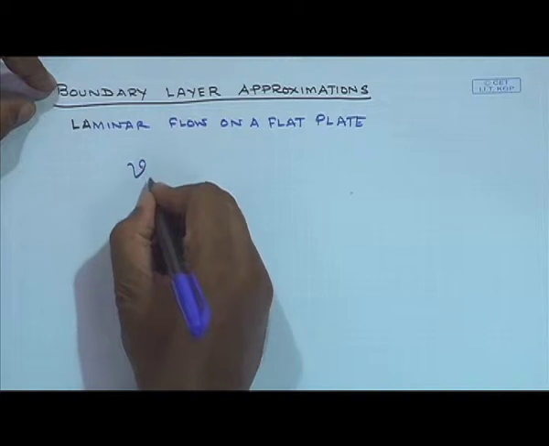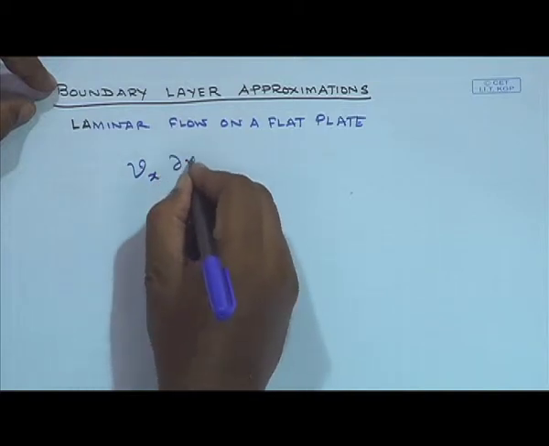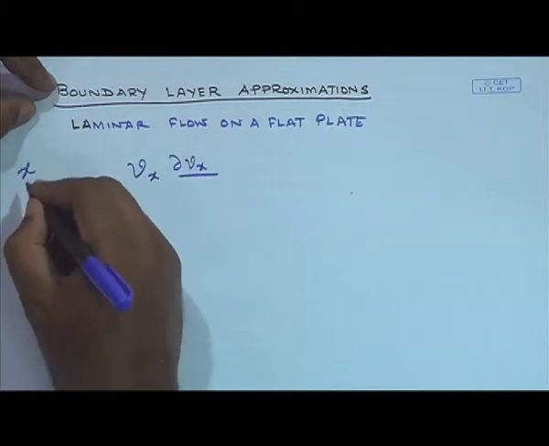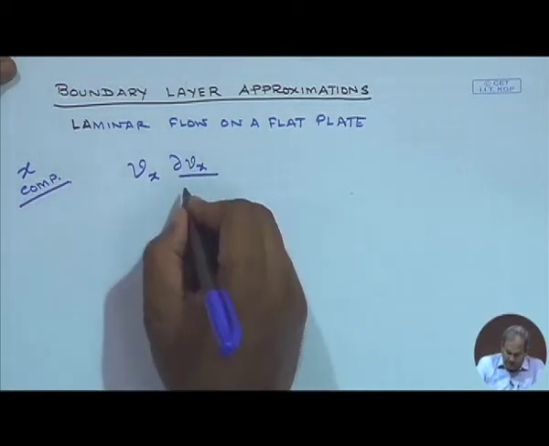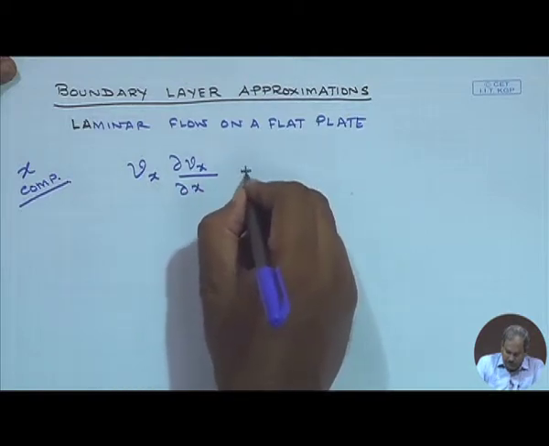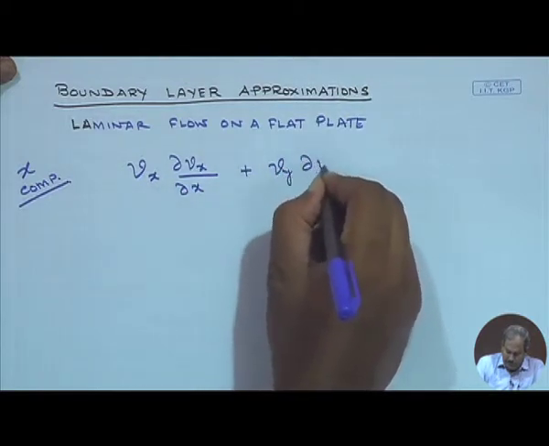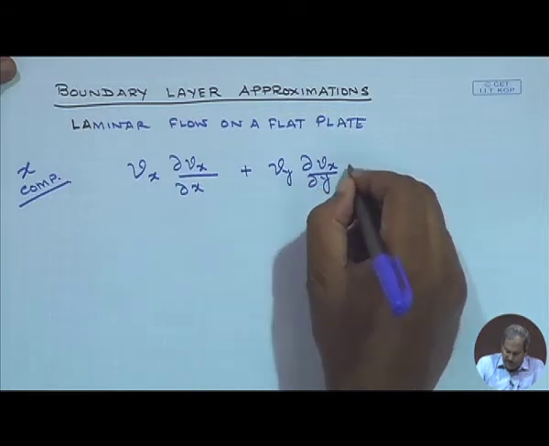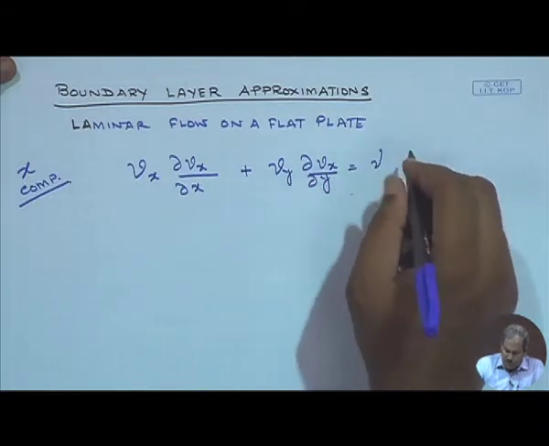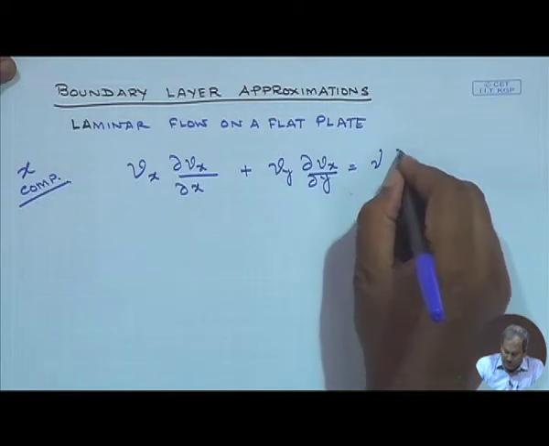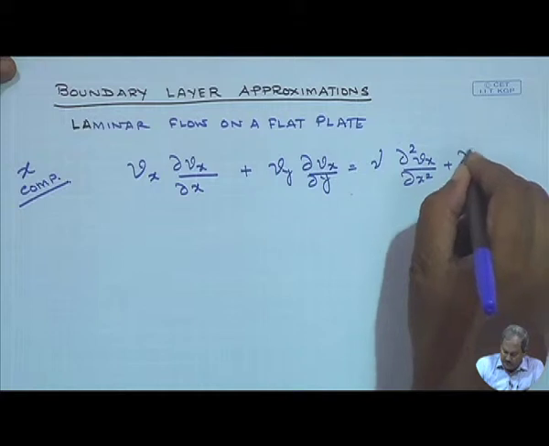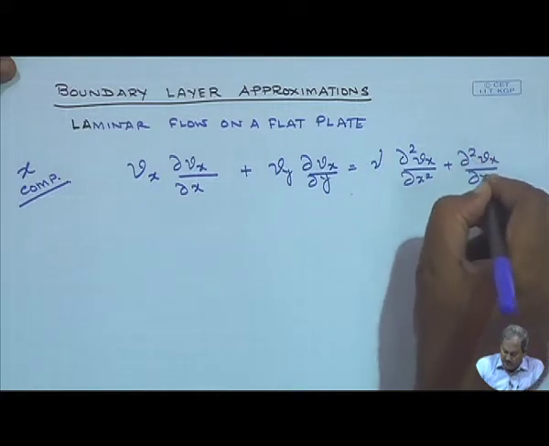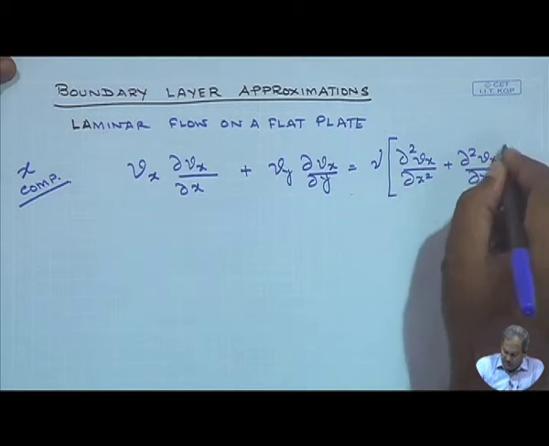We are going to write the Navier-Stokes equation for flow inside a boundary layer. From our treatment of the Navier-Stokes equation, we write the x component, since this is the principal direction of motion: Vx del Vx by del x plus Vy del Vx by del y equals nu, which is mu by rho, the kinematic viscosity, times del square Vx by del x square plus del square Vx by del y square.